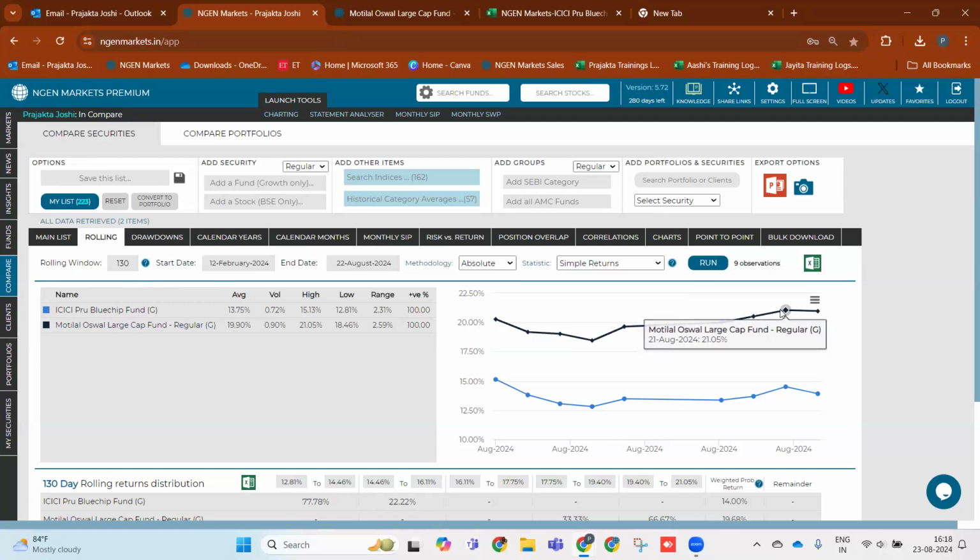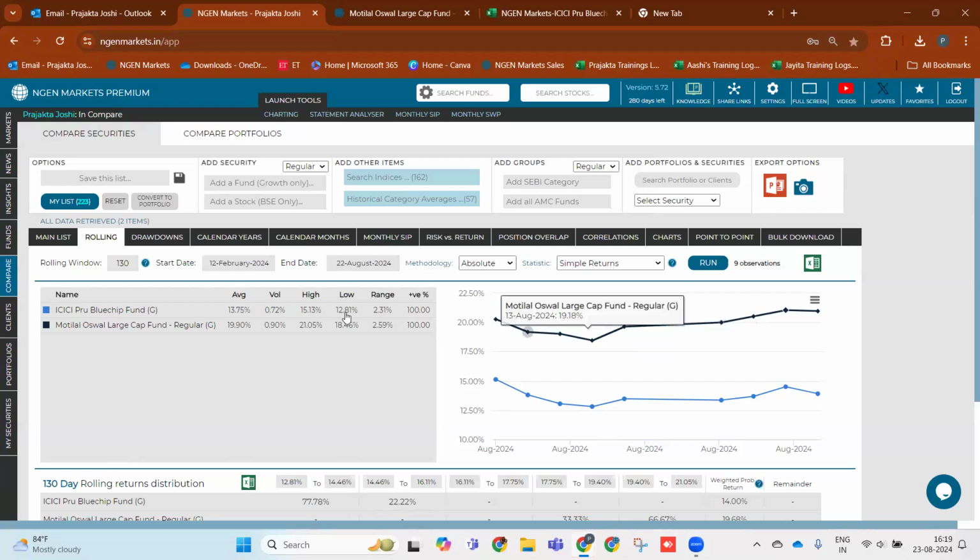If the investor would have invested exactly 6 months prior to 21st of August 2024, now how am I coming to that date? Which is right here. It is getting plotted when I hover on this particular line point. If an investor would have invested exactly 6 months prior to 21st of August 2024, he would have generated a 21.05% return from his investment into Motilal Oswal large cap.